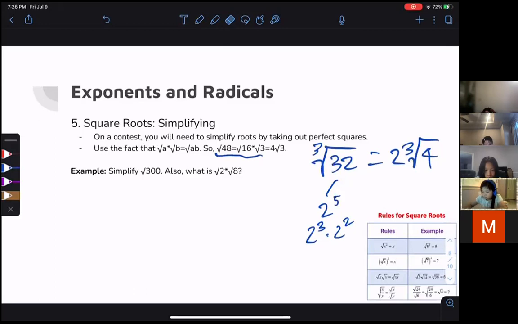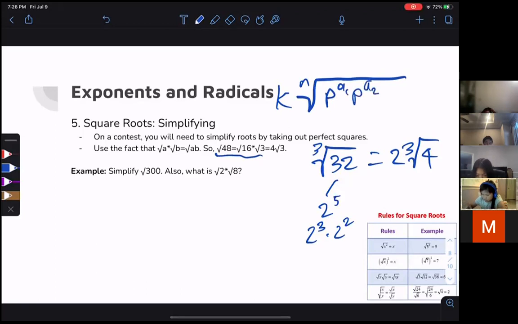So that means inside the radical, you should have some integer k. And if you have an nth root and you prime factorize the number inside, then the power of the primes should all be less than n.